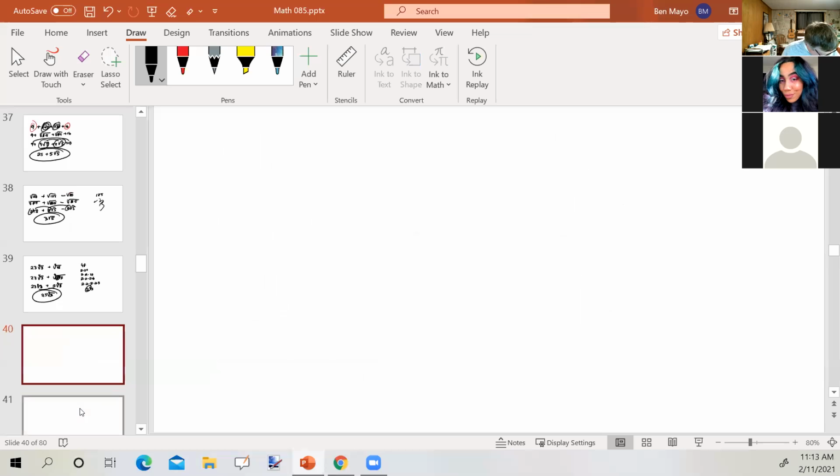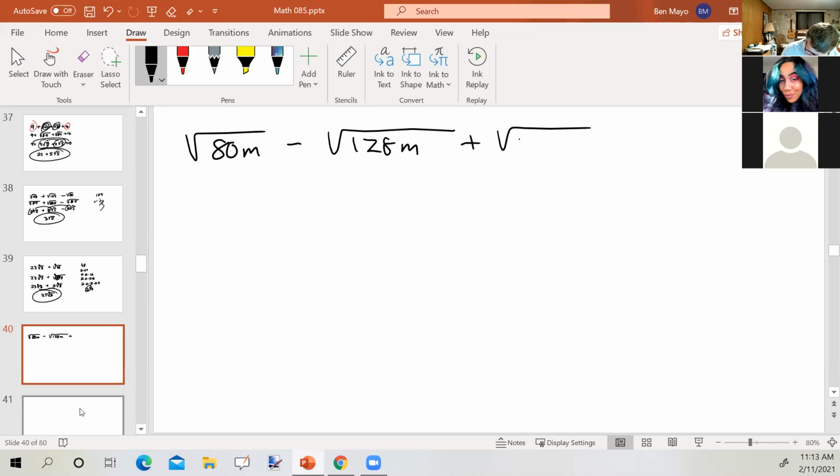Okay. Tell you what, let's look at one anyway, just to give you an example. So here we have the square root of 80m minus the square root of 128m plus the square root of 288m. Okay, now 80 is 16 times 5.